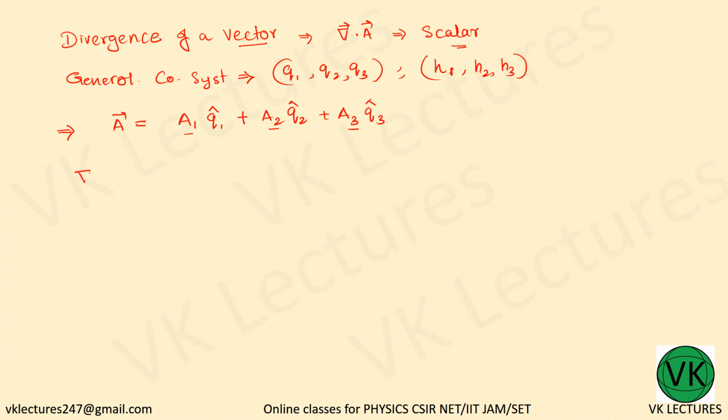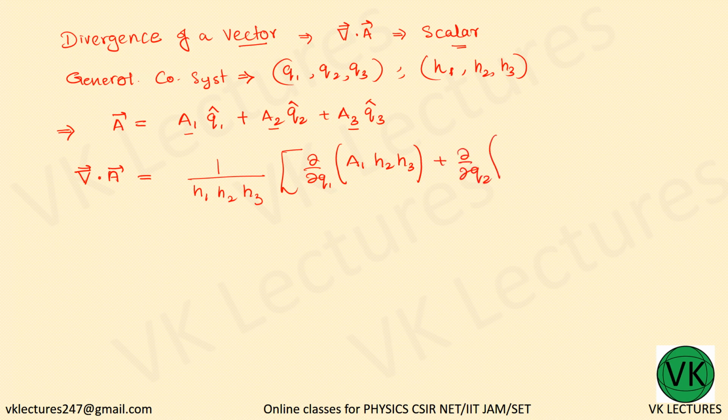Then you can write del dot a equal to 1 divided by h1 h2 h3, then the bracket dou by dou q1 of a1 times h2 h3, plus dou by dou q2 of a2 times h3 h1, plus dou by dou q3 of a3 h1 h2.